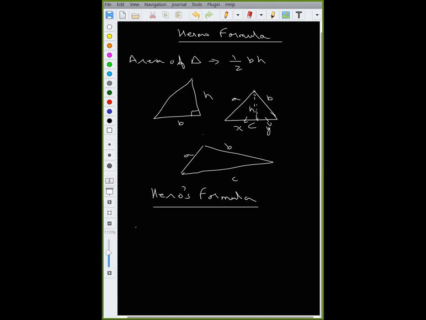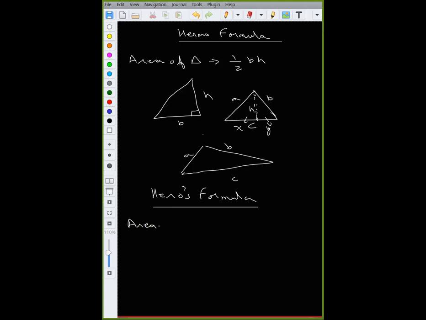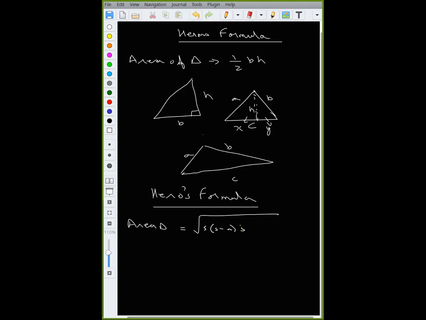Okay. So what is the Heron's formula basically? It gives us the area of a triangle, which is equal to the root of s into s minus a, s minus b, s minus c, the whole thing root. Okay.